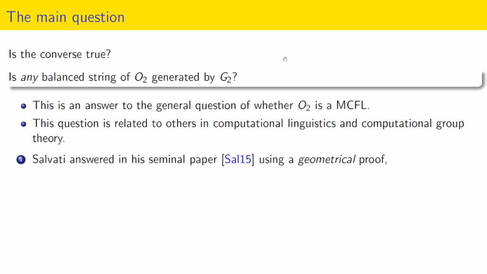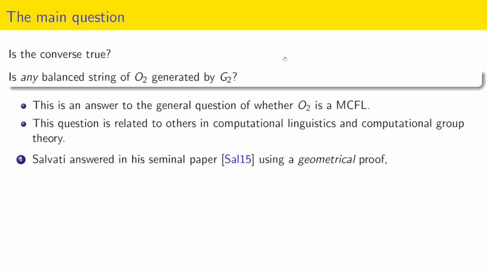So in 2015, Salvati managed to show this weaker conjecture, which can also be looked at as a stepping stone to a more difficult one.